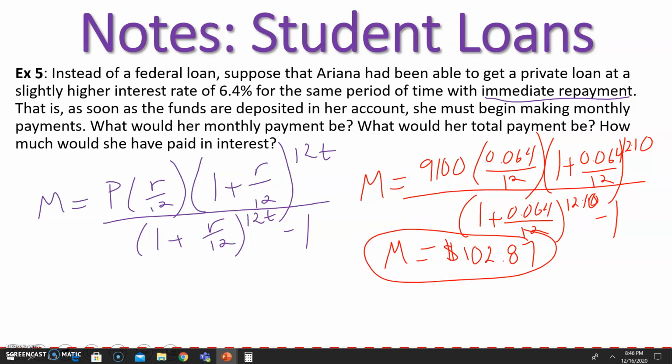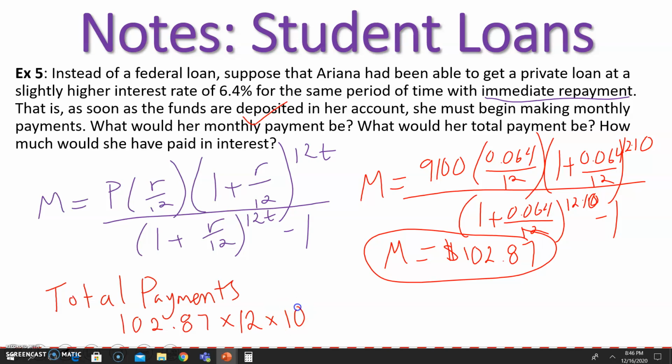That answers the first question, monthly payment. What will her total payments be? Well, she's paying this every month for 10 years, so that is 10 times 12 or 120 months. Let's look at our total payments. We take that monthly amount, 102.87, and multiply it by 12 for every month for 10 years.